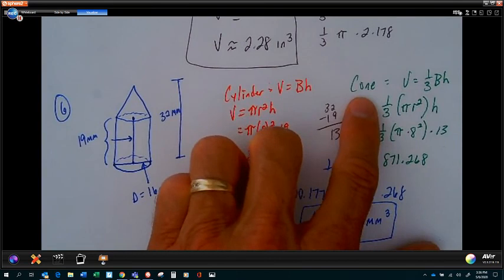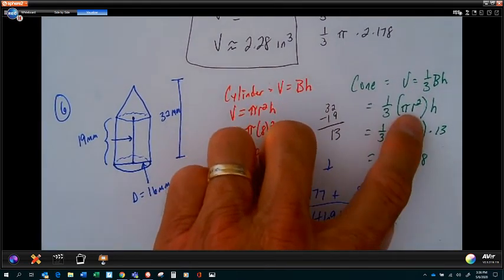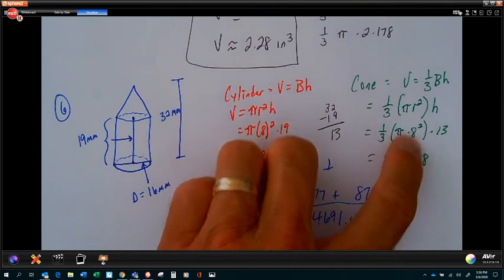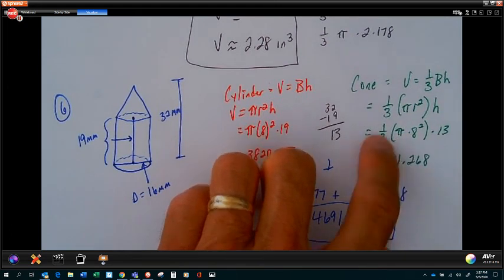Our cone, now we need the volume, which is 1/3 the base times the height. We already know the area is the same, so that's going to be pi times 8 squared. This time we have to figure out the height though.